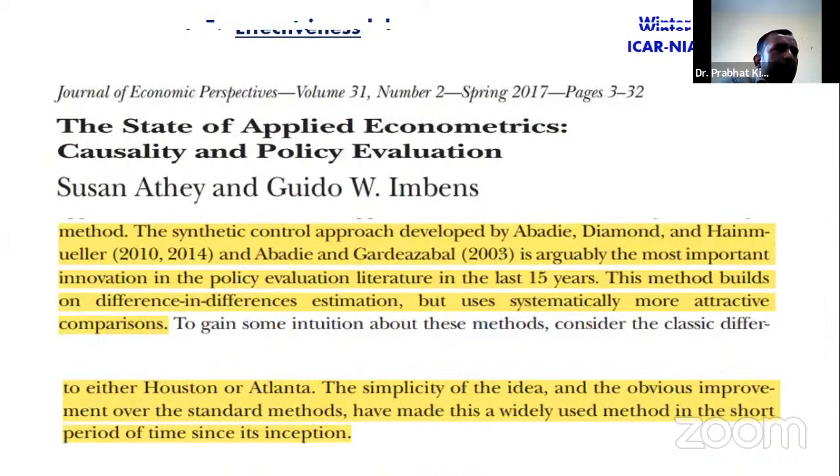Backing what I am saying, I have put in a screenshot of a paper by Athey and Imbens published in 2017. You can see here they say, I believe, the most important innovation in policy evaluation in the last 15 years. This method is built on a different basis, but gives a systematically more effective comparison.